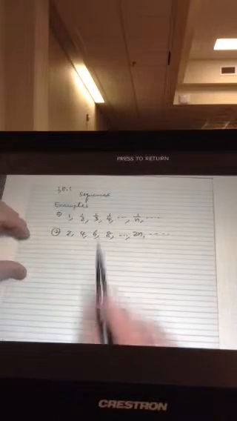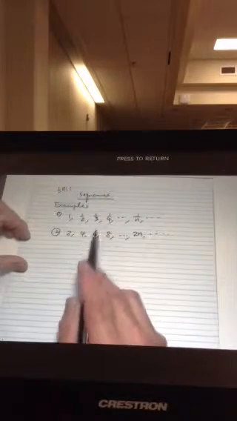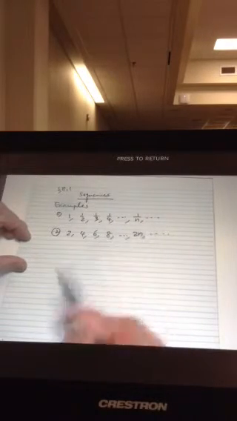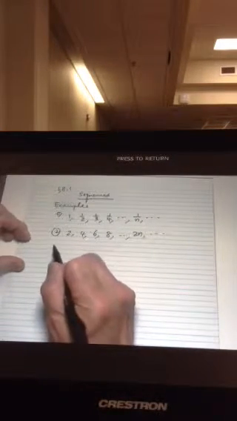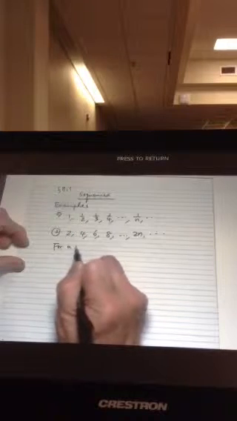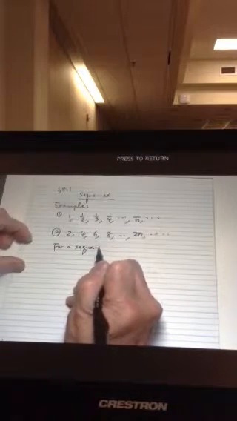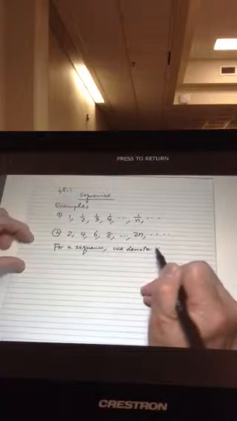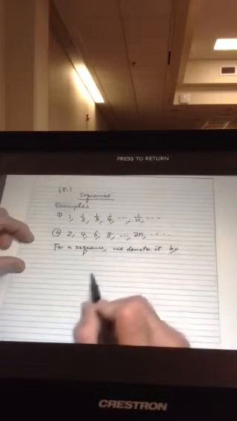And what we'd like to know about a sequence is whether it converges to some number. For a sequence, there are several ways you can denote it.